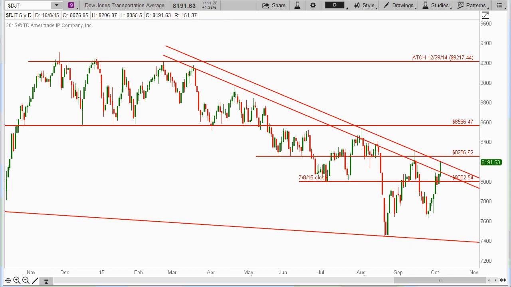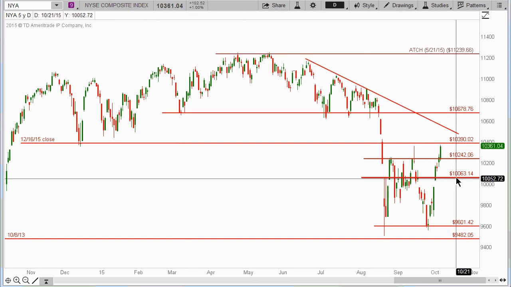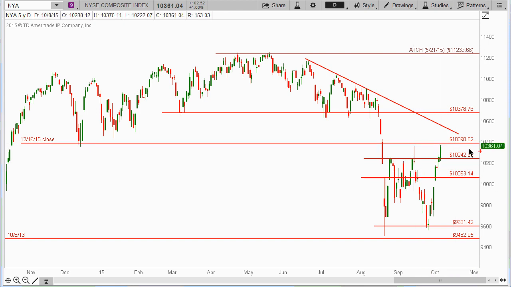Okay. And the New York Stock Exchange Composite also came up and sort of tagged this pivot here. So now we want to see could it come up and take out the 10,390, essentially this particular trend line, and move itself up to this 10,678, because it still needs to come up and tag this close here, this December 16 close.